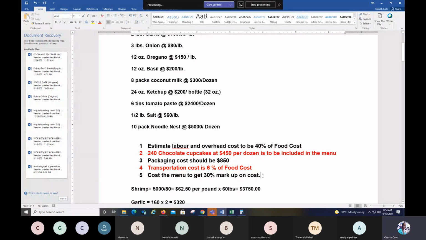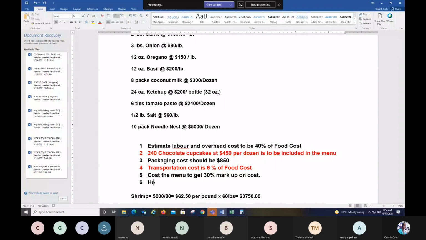All right, looking at this question, let me add another question to this, and you can tell me how you think we would get it. How much to charge a party of 30 persons in order to realize a profit?